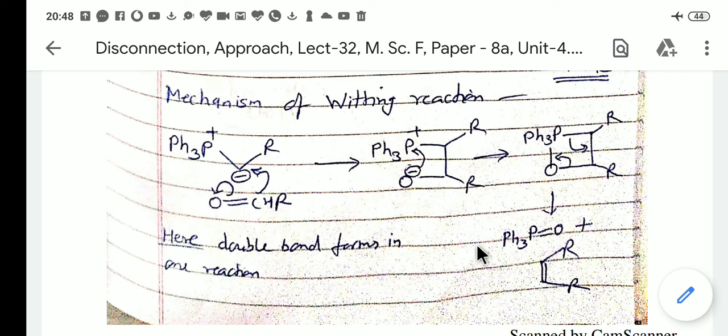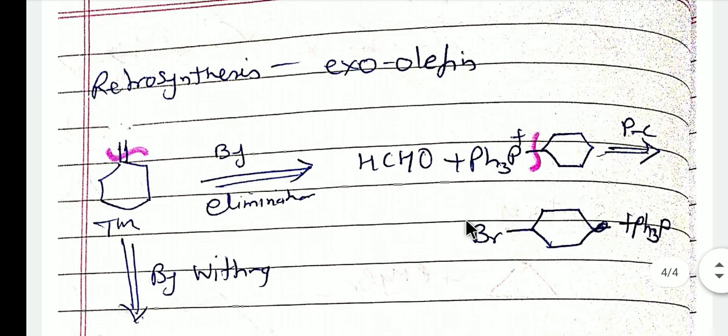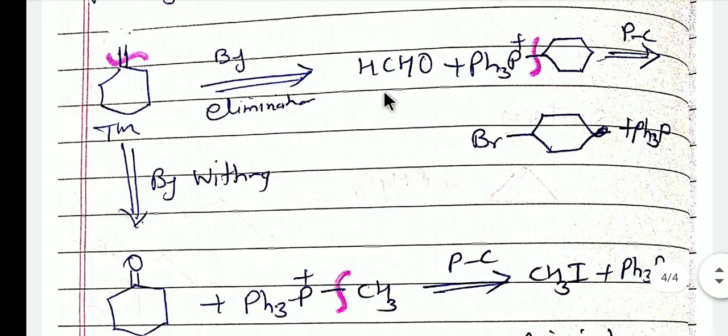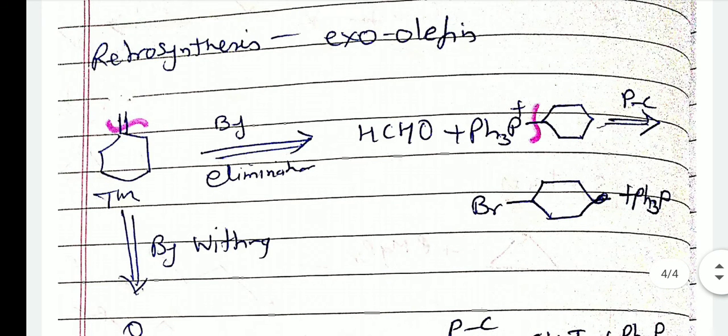Now the olefin can also be prepared by the Wittig reaction, and by one other method, the elimination reaction. But in the elimination reaction formaldehyde is needed, and by the Wittig reaction cyclohexanone is needed, when we carry out the retrosynthesis of our target molecule, which is the olefin.